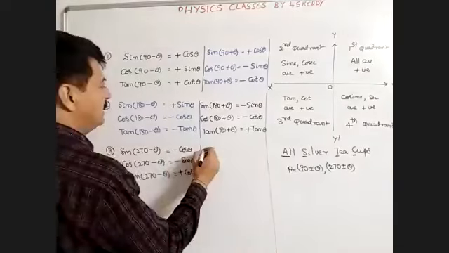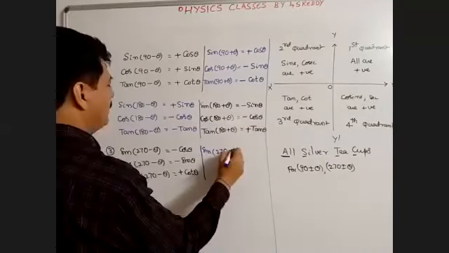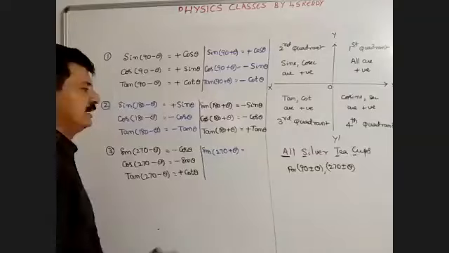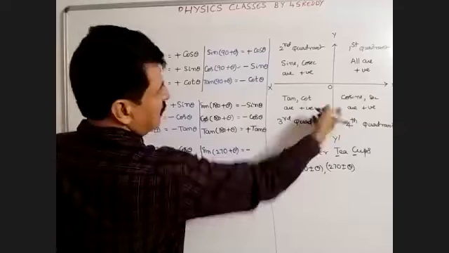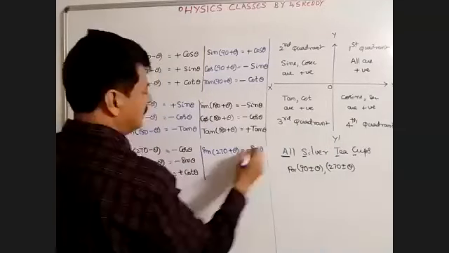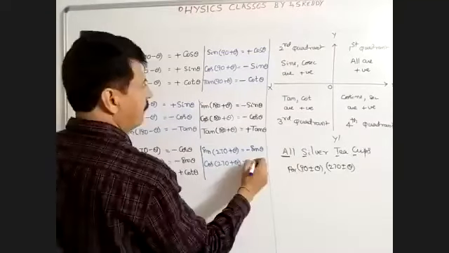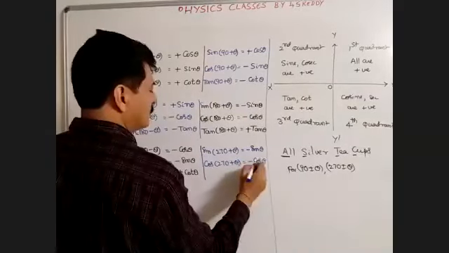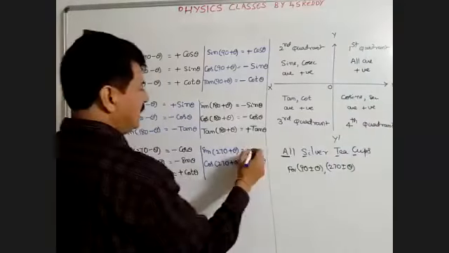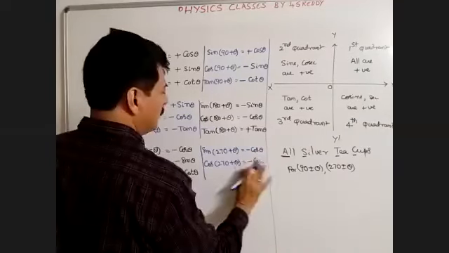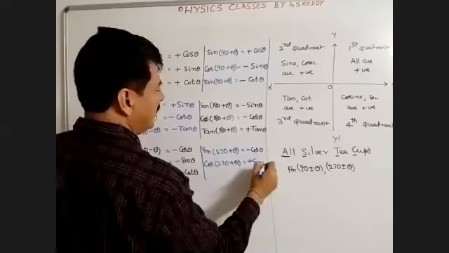Whereas in this case, sine(270 plus theta): fourth quadrant. In the fourth quadrant, cosine is positive. So minus cos theta. Cos(270 plus theta), for 270 the function will change, so cos becomes sine: plus sine theta.